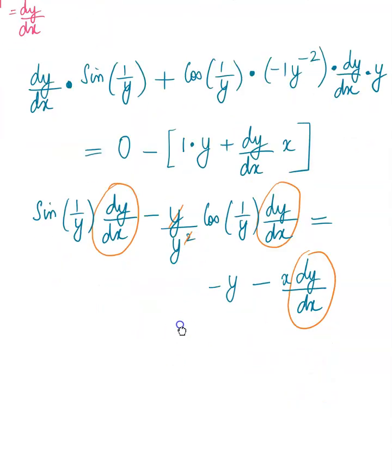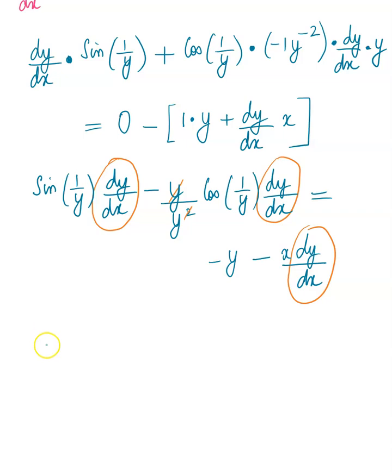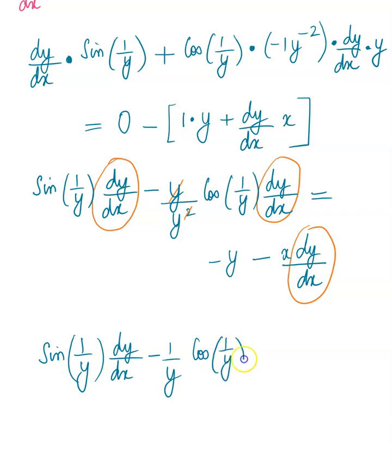So it looks like this. Plus x dy over dx equals negative y. I moved the negative x dy over dx to the left by adding x dy over dx to both sides. All right.